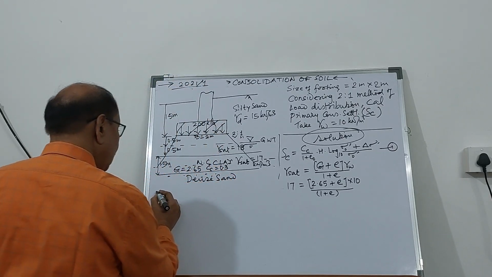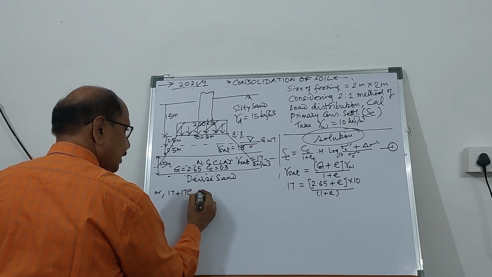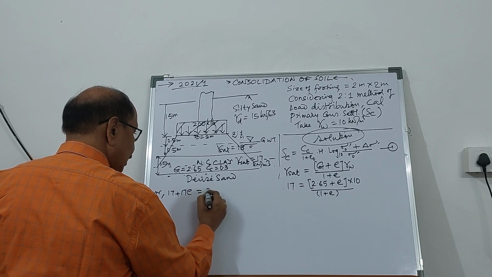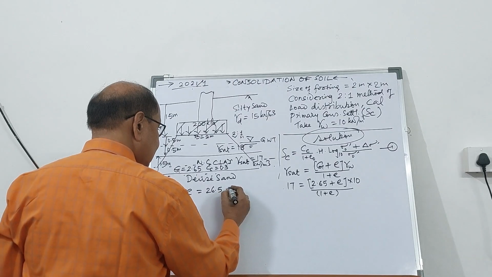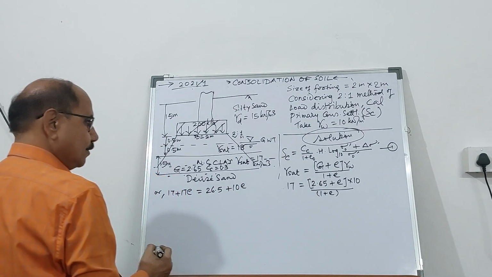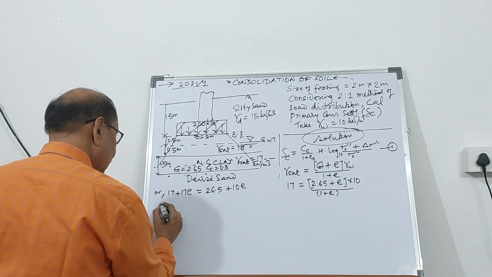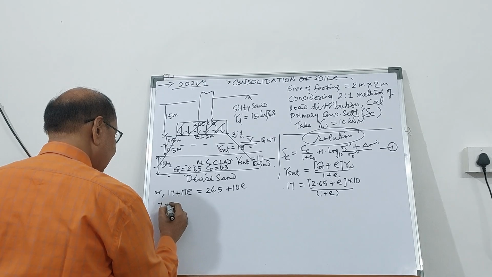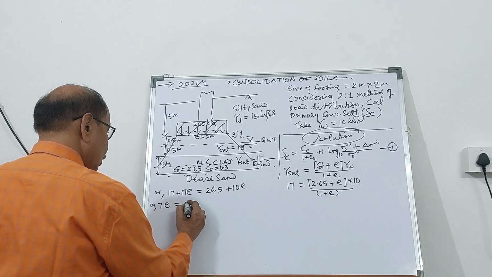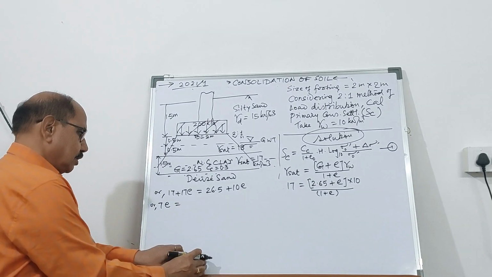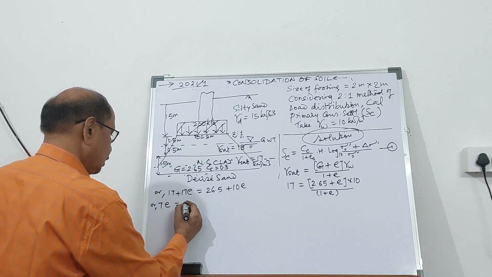If you simplify it, 17 plus 17e equals 26.5 plus 10e. So 7e equals, we can calculate it, 9.